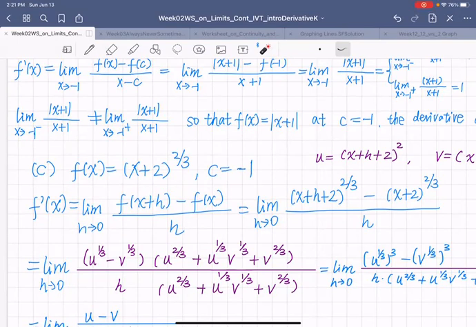Now, this is a math competition level question, okay? Anybody get the answer?